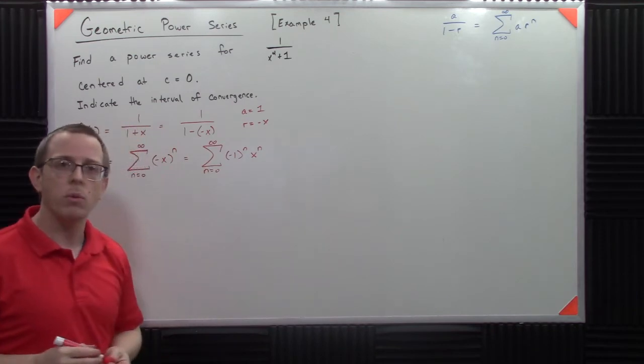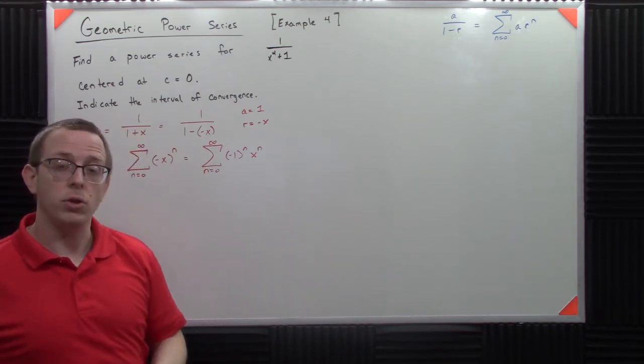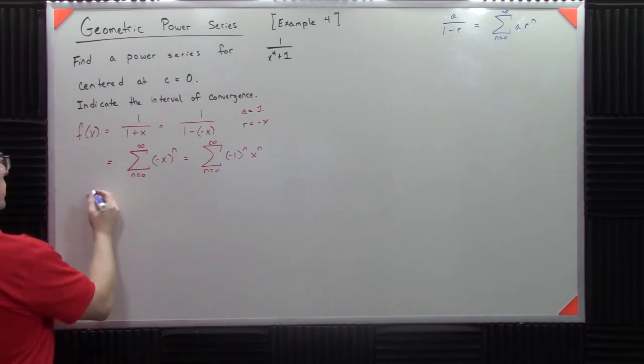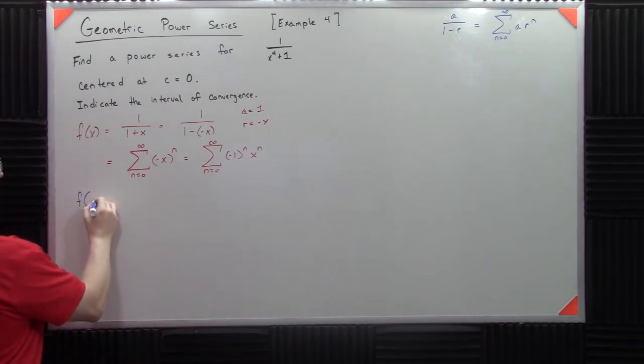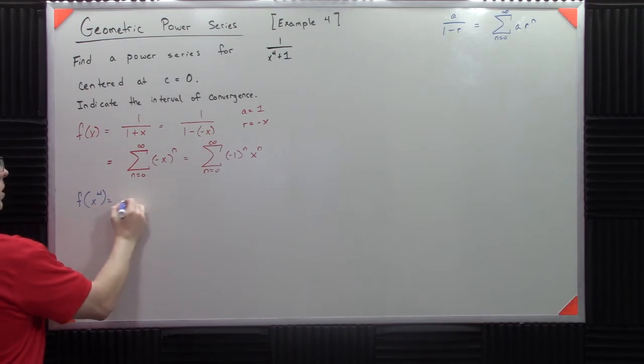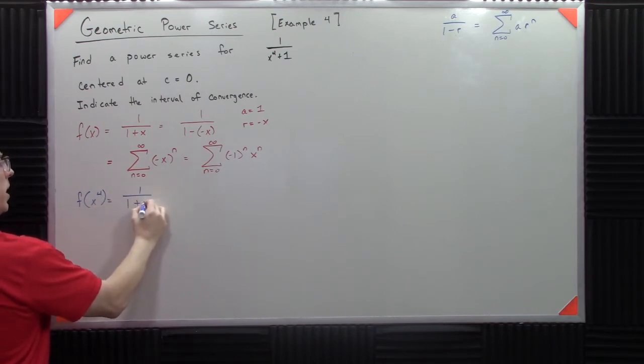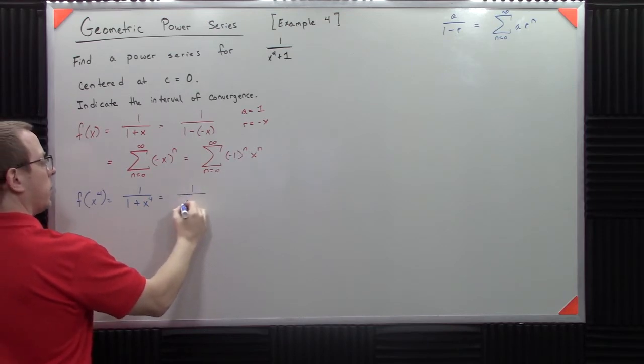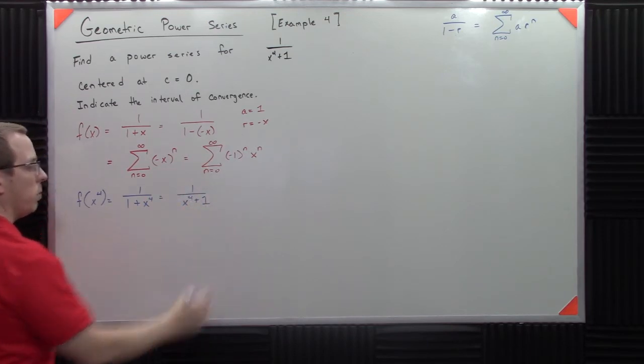So to do that, we have to do a little more algebraic manipulation, but not really. Notice that f of x to the 4th is 1 over 1 plus x to the 4th, which is just the same thing as 1 over x to the 4th plus 1.